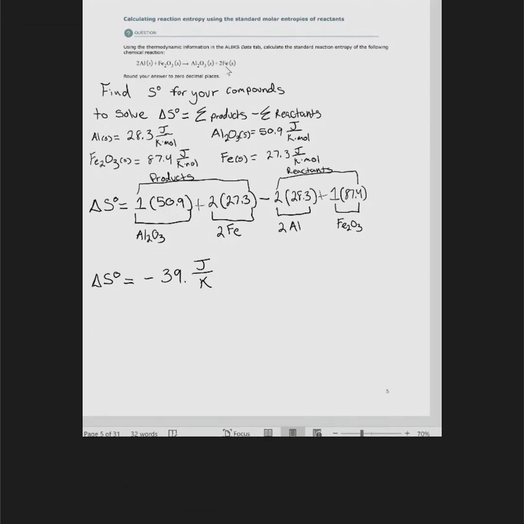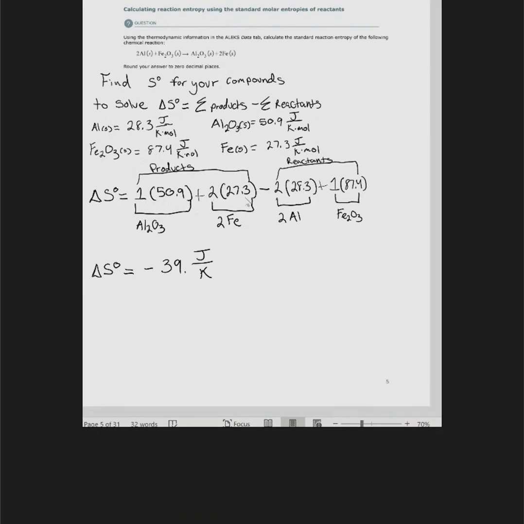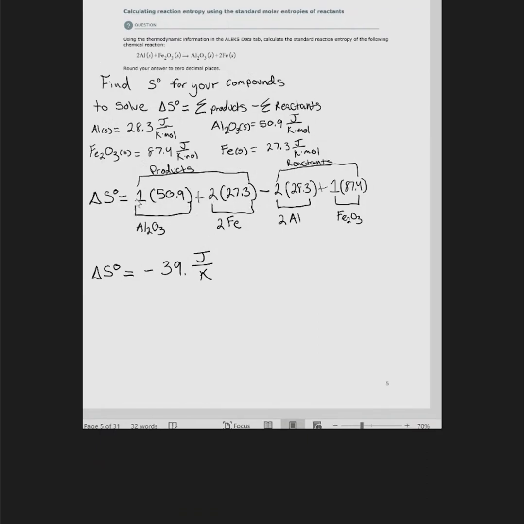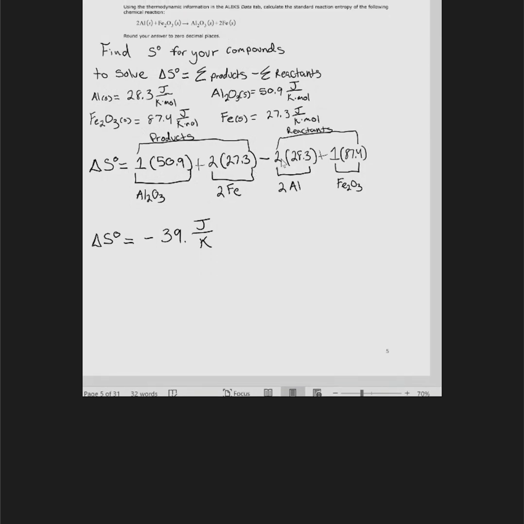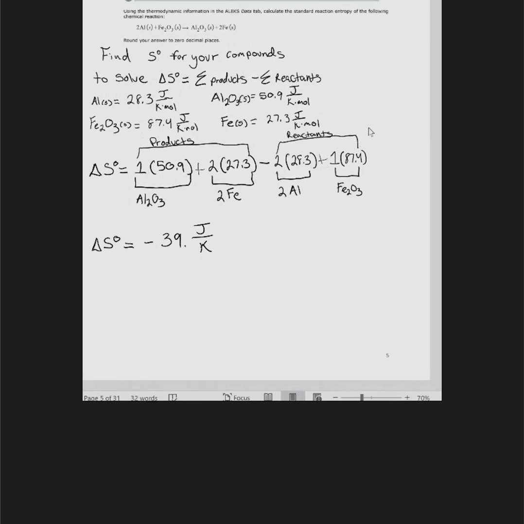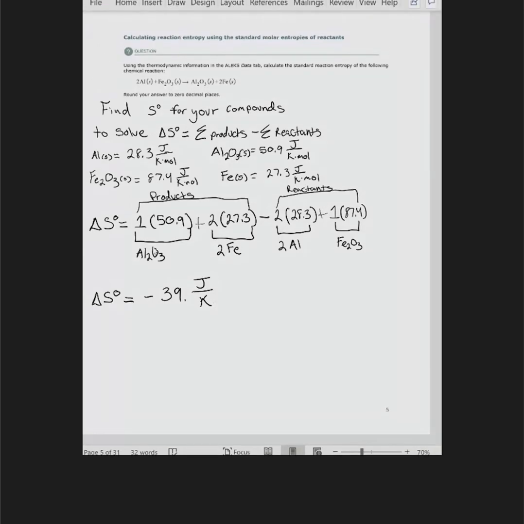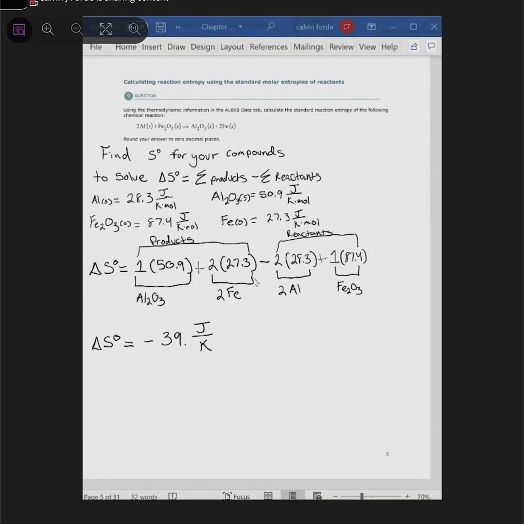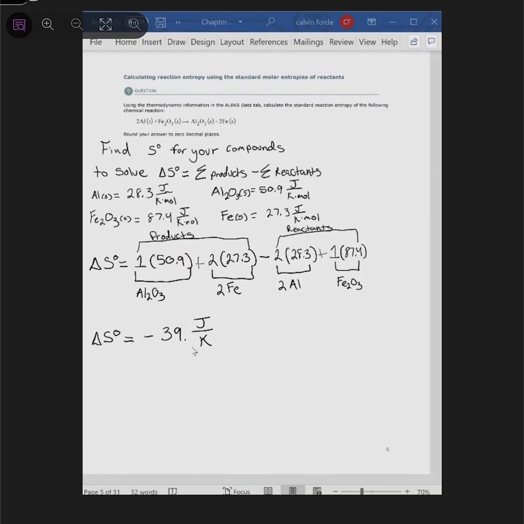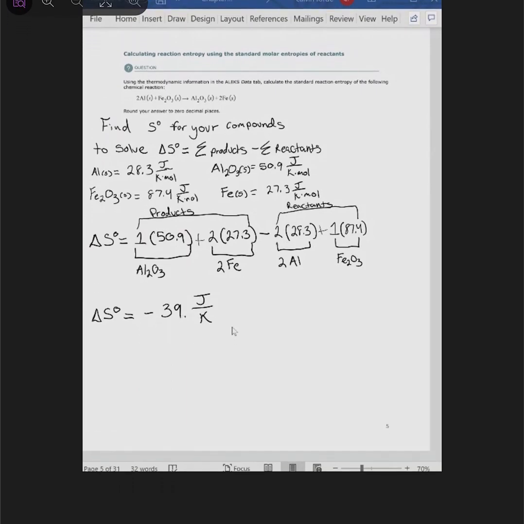So if I have two irons, I need to put 2 times that delta S. And if I have 1 aluminum oxide, I need to put 1 in front of that delta S, right? And then I make sure I add these up together, minus whatever's added up for the reactants, and then I get my total delta S for this reaction, which is going to be negative 39 joules per Kelvin.